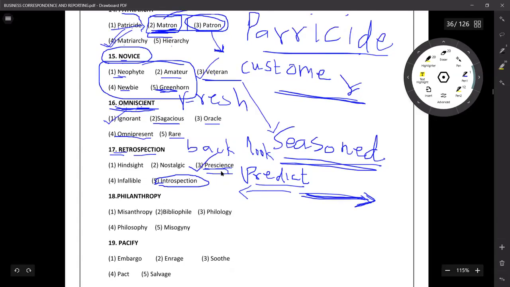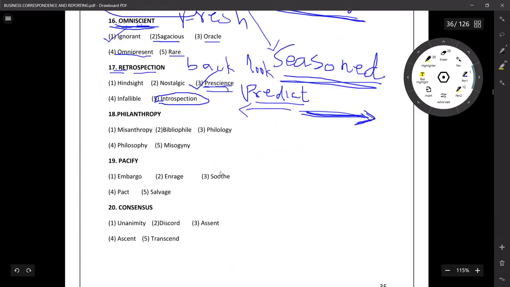Okay. What is the opposite of philanthropy, guys? We did this yesterday. Misanthropy. Philanthropy is love for humans, misanthropy hates humans. Phil means love. So bibliophile loves what? Books. I told you I love reading books. Very good. In bibliography, we mention all the books that we have read.